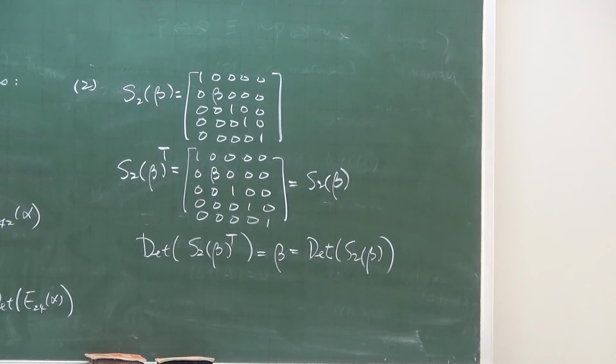So you exchange rows on the identity matrix to get this one. Then you look at the transpose of this one. You find that the transpose will remain the same.